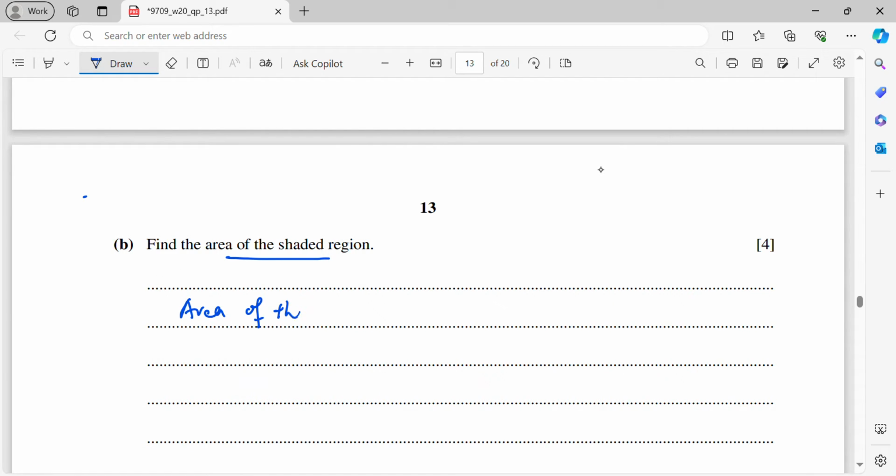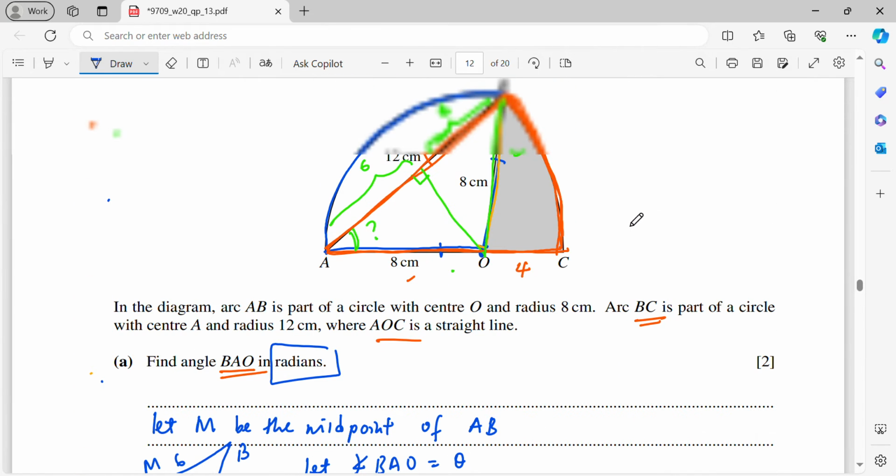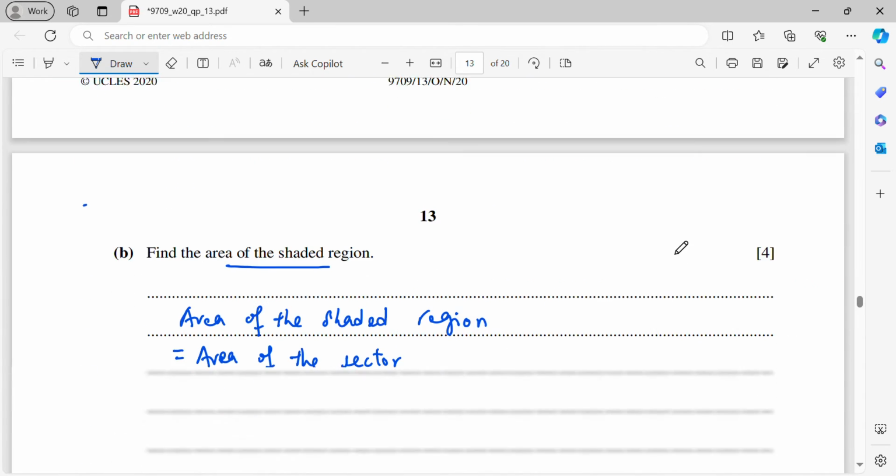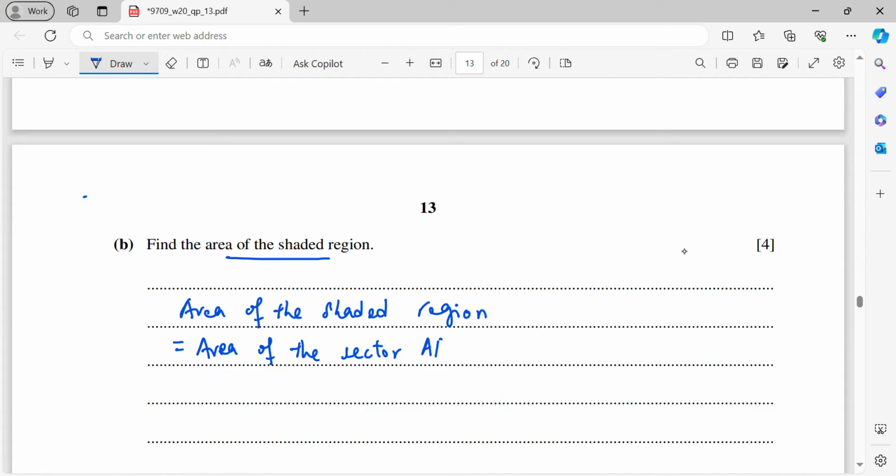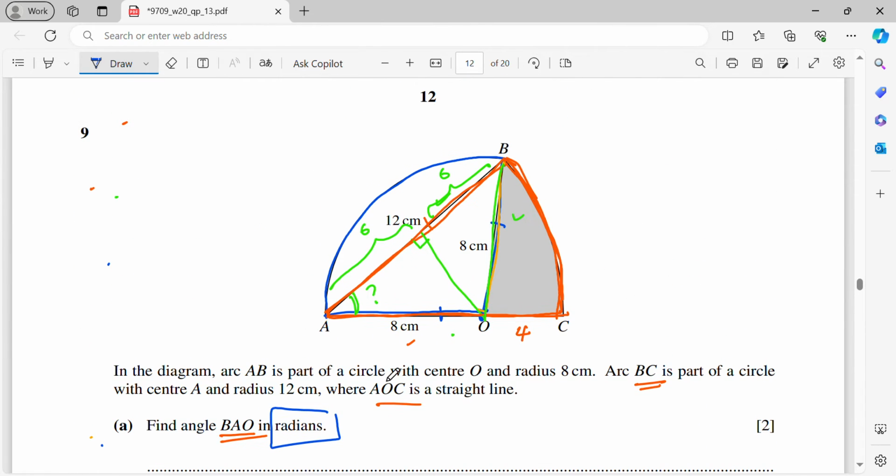Area of the shaded region equals area of the sector ABC minus area of triangle AOB.